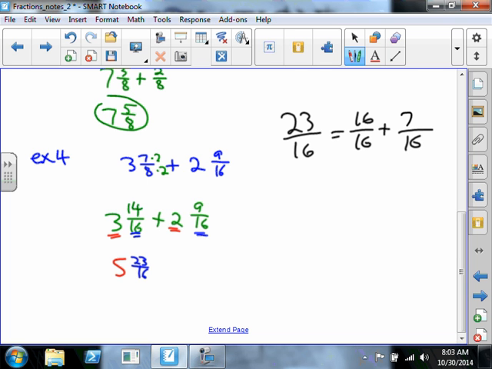So rather than having 5 23/16, we're going to get one more whole out of it. So we're going to have 6 and how many sixteenths then? 6 and 7/16. Okay, I know one like that is a little bit tricky. There's probably only going to be 1 or 2 like that on the test, but there will be 1 or 2 like that.